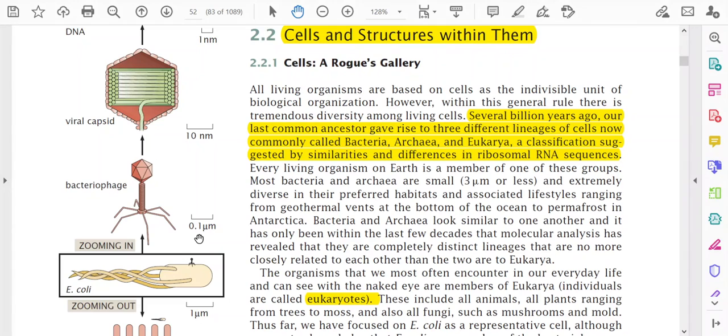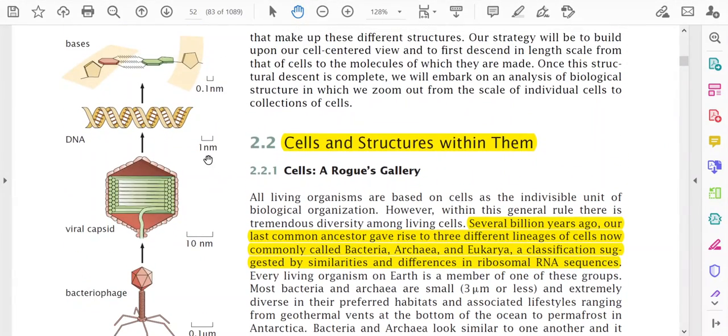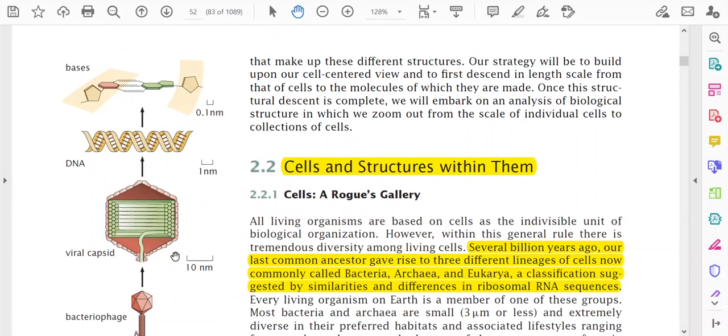If we apply a 10-fold increase in the magnification, we will be able to see the bacteriophage, that means the virus that attacks the E. coli. And you see in this figure that we are increasing the magnification 10-fold each time. This is 1 micrometer, this is 0.1 micrometer meaning 100 nanometer, then this is 10 nanometer, then 1 nanometer, then 0.1 nanometer.